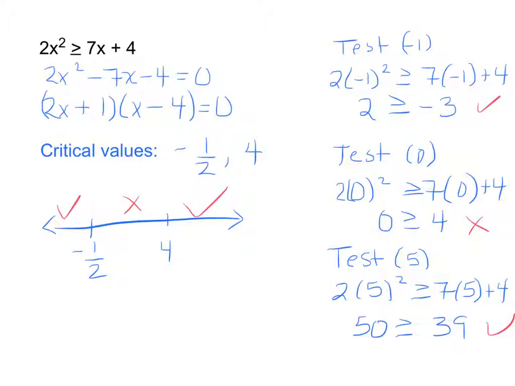So the statements would be x is less than or equal to negative 1/2, because that's all the stuff to the left, or x is greater than or equal to 4, because that's all the stuff to the right of 4. That's the answer. That's how you're going to have to write it out: 2 separate statements because there are 2 separate regions. x is less than or equal to negative 1/2, or x is greater than or equal to 4.